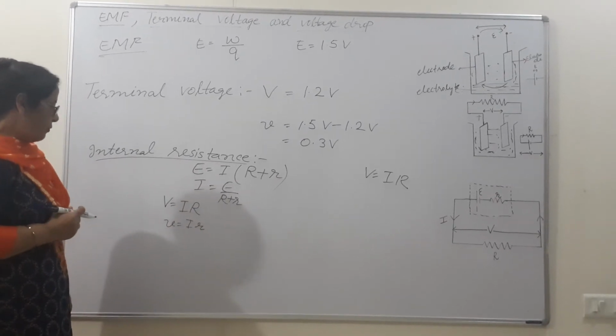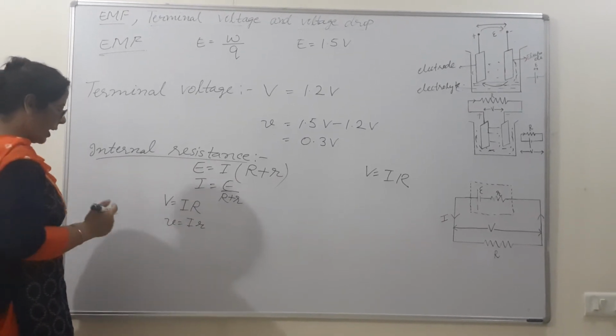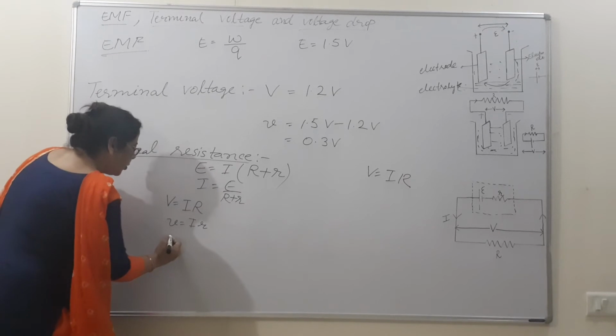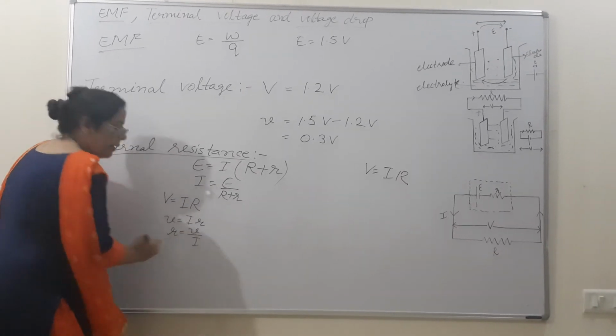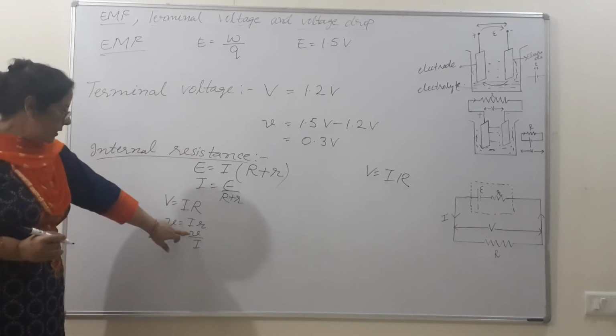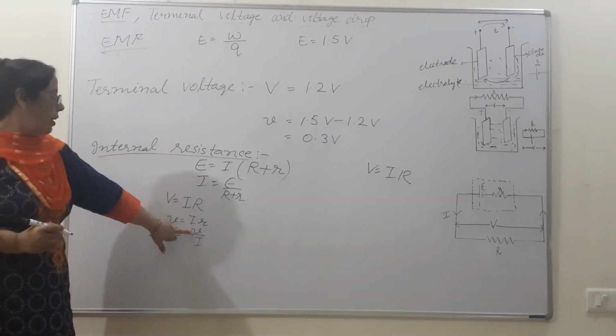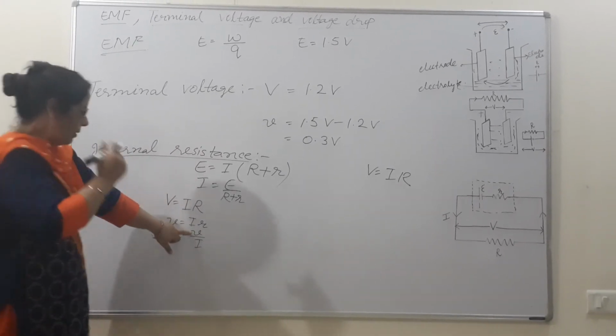Then different formulas are there. From here you can reduce the formulas. R is equal to V divided by I. Now, what will be the voltage drop?